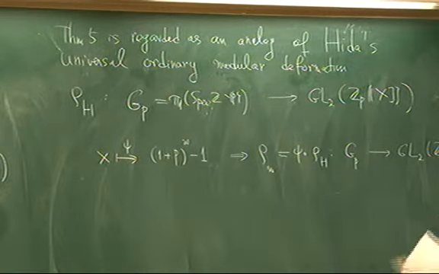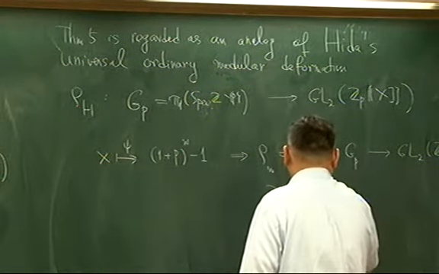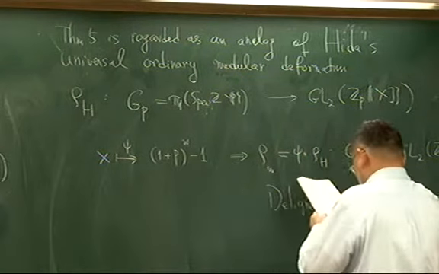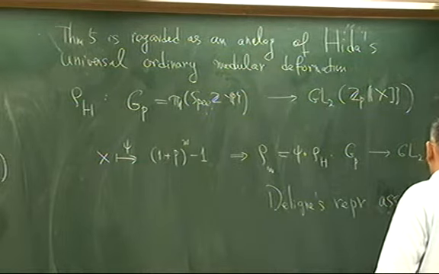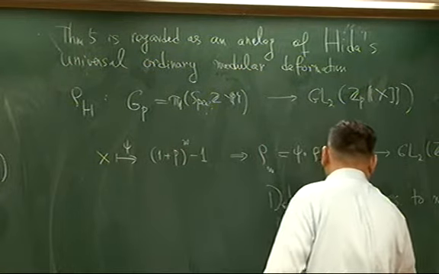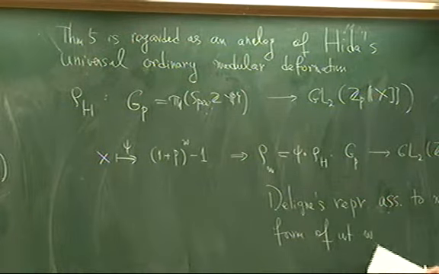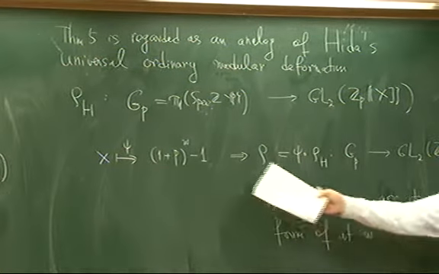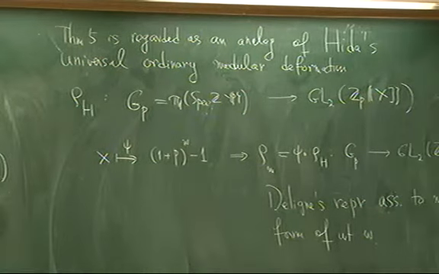Hida's representation actually interpolates all these Galois representations associated with modular forms of weight W, if W is integral. So Hida's representation interpolates Galois representations of modular forms. So W is a weight parameter, and X corresponds to the weight of the p-adic modular form.